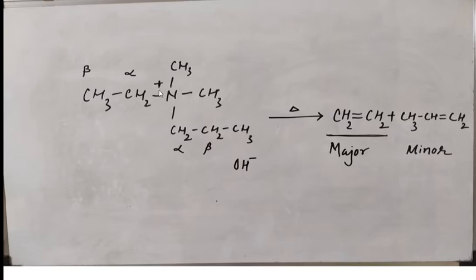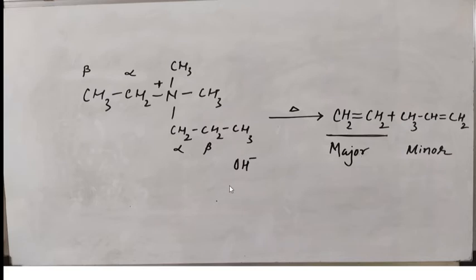Okay, and this carbon connected to the nitrogen is alpha, and this is the beta. Here this is the alpha and this is the beta. So the base can take away this beta hydrogen, and cleavage of this bond leads to the formation of this ethylene.